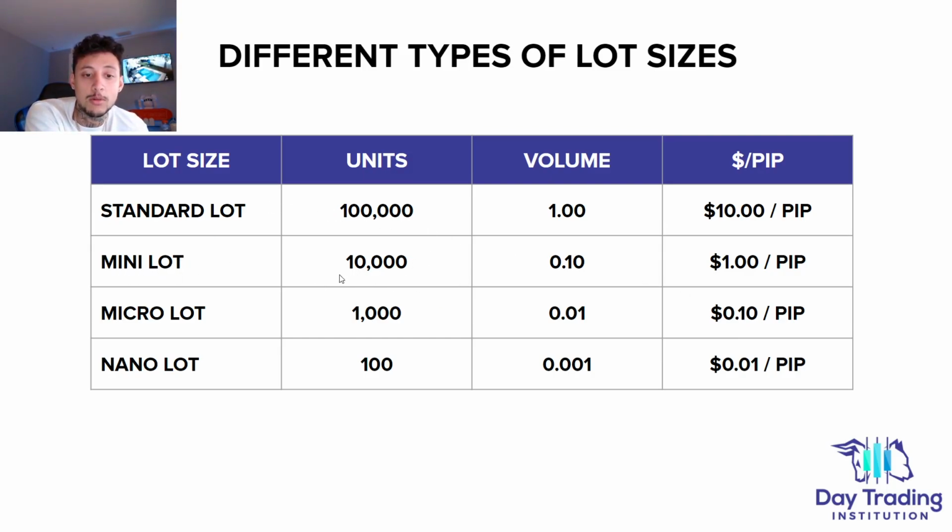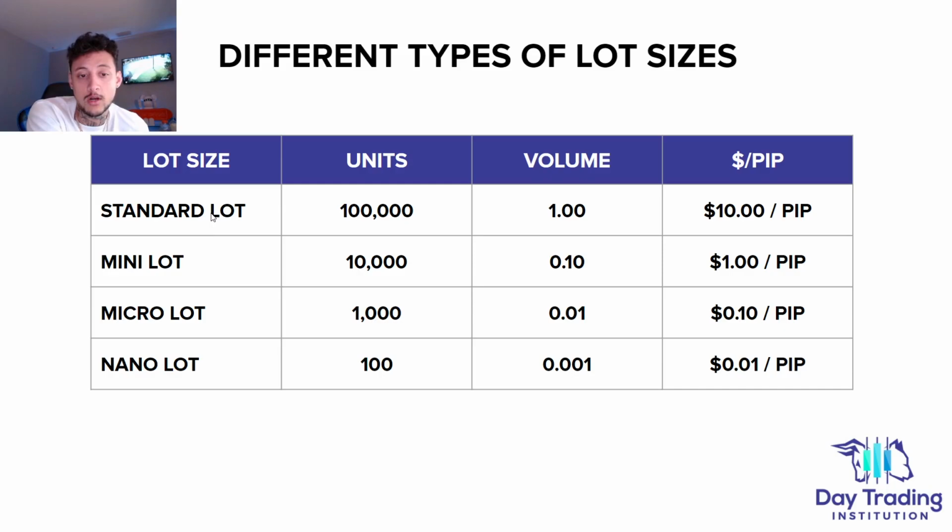With the mini lot, you're buying 10,000 units, which is a lot size of 0.10, meaning you're making around $1 per pip. So if you buy Euro USD and the market goes up 10 pips, you've made $10, because you used a 0.10 lot.